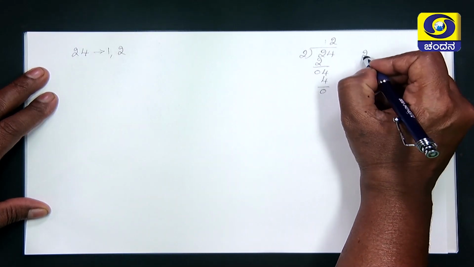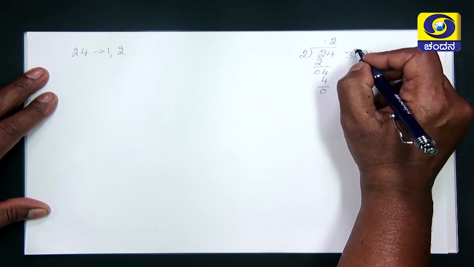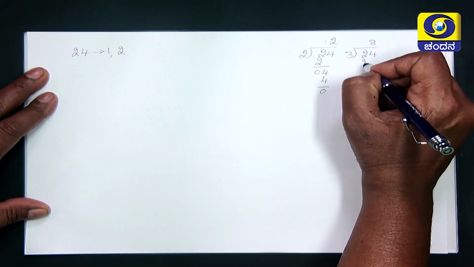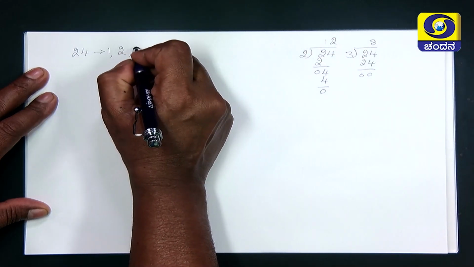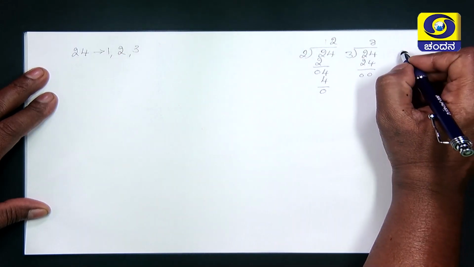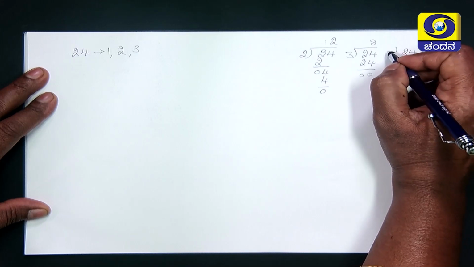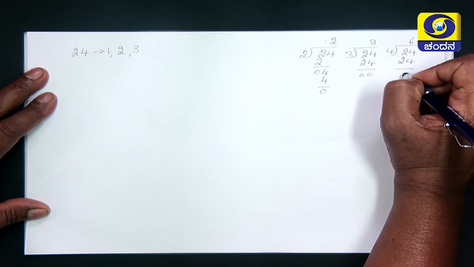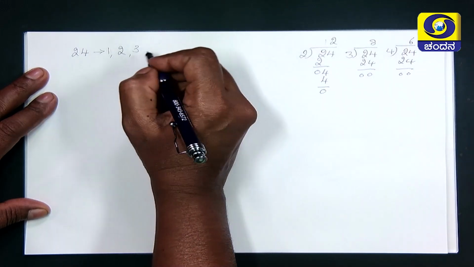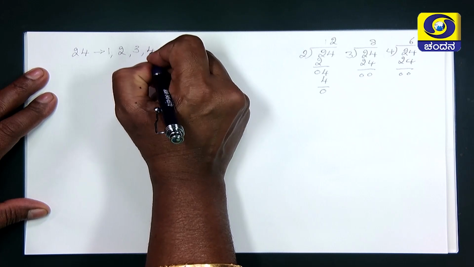Next take 24, divide by 3. 3 eights are 24, remainder 0. So, we can write here 3. Next divide 24 by 4. 4 sixes are 24, remainder 0. Yes, now 4 is also a factor.